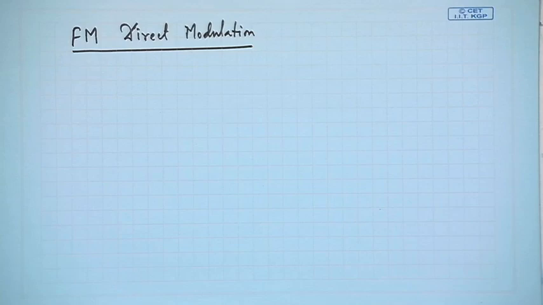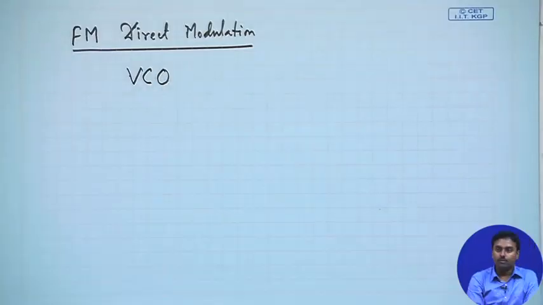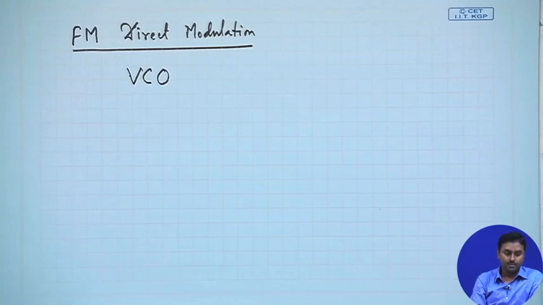Okay. So, FM direct modulation has been actually done. There is only one device which can do that, that is called VCO or voltage controlled oscillator. So, this is the single device which can actually do FM modulation directly. Okay. So, we will try to just explore what this VCO is.